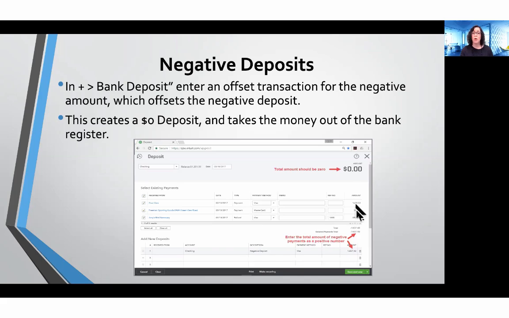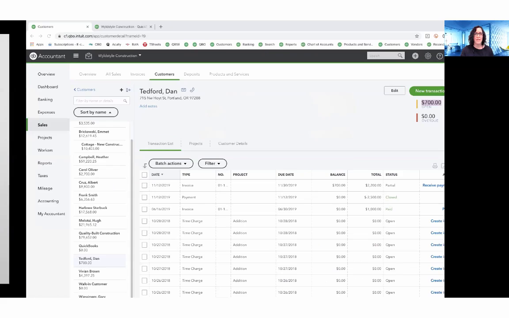And that way the total deposit for the day is 0. By putting the name of the checking account right here, it's going to take that total money out of the checking account instead. So let's go ahead and see that in action.